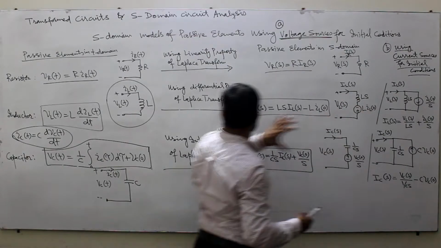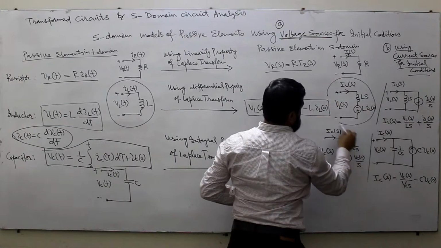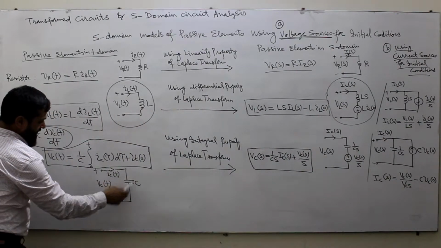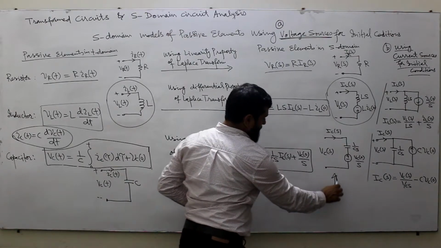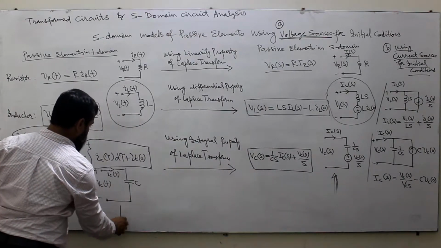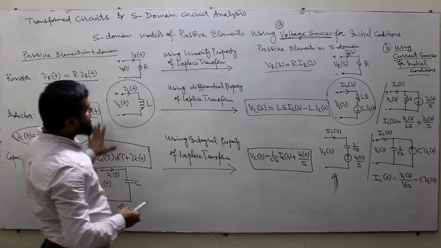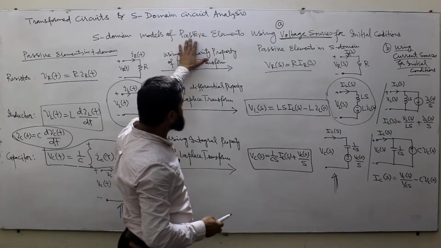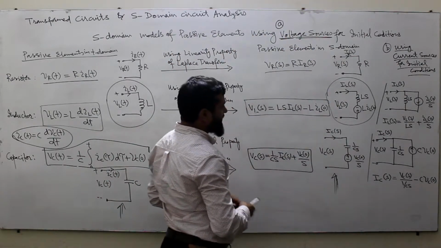This one is equivalent to this one, and this one is equivalent to this one, from the time domain to the S domain. So these are the models for the passive elements using the voltage source for the initial condition.